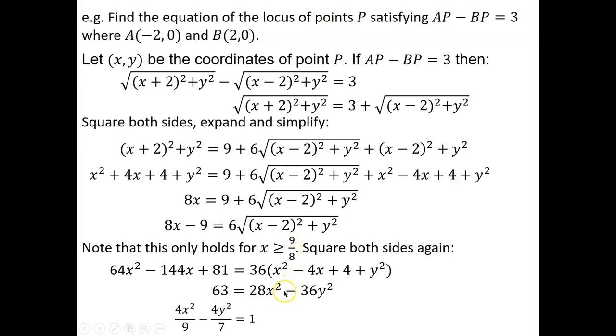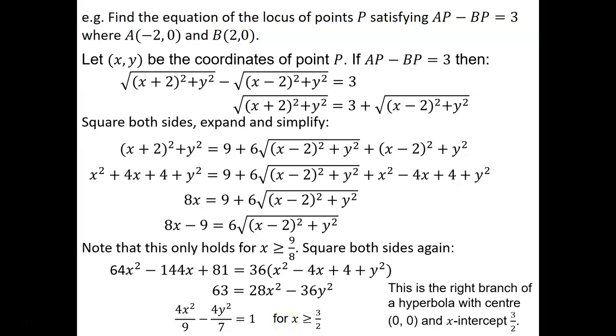And then I divide to make it in its standard form. So this gives us the right branch of a hyperbola with the centre at 0, 0 and the x-intercept at 3/2.